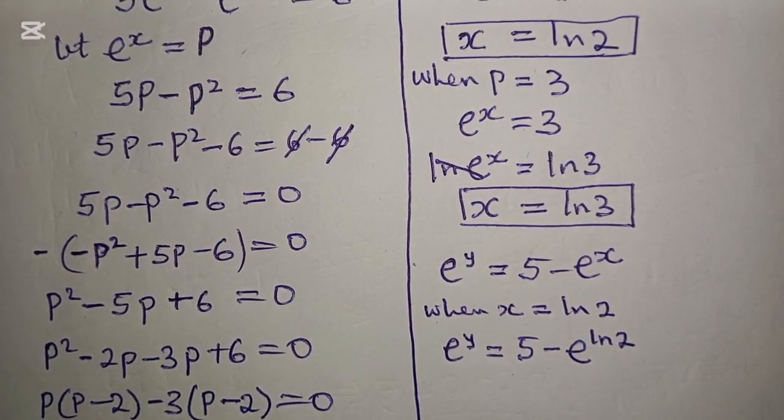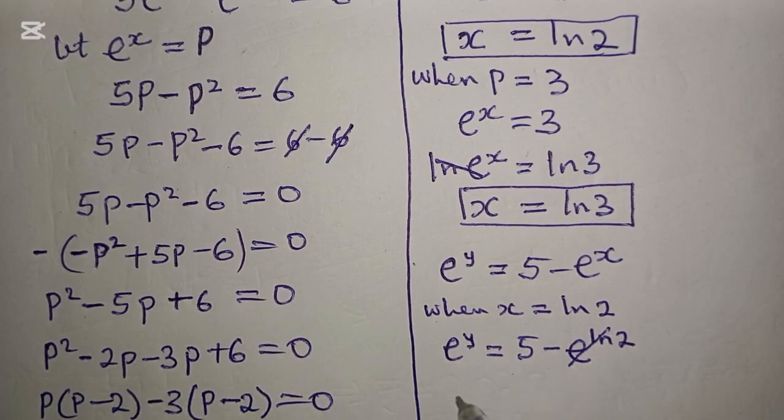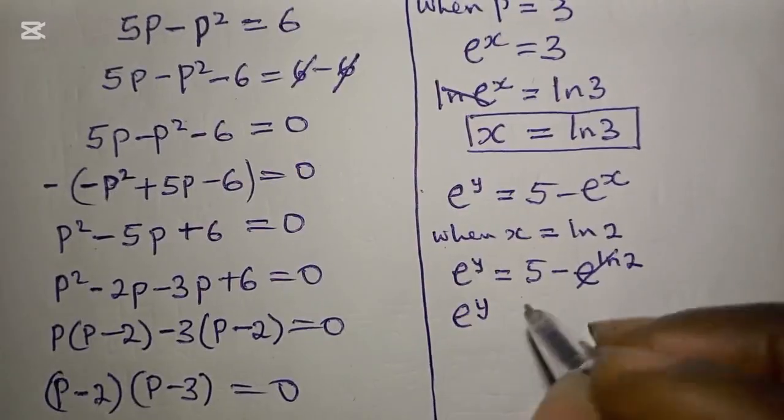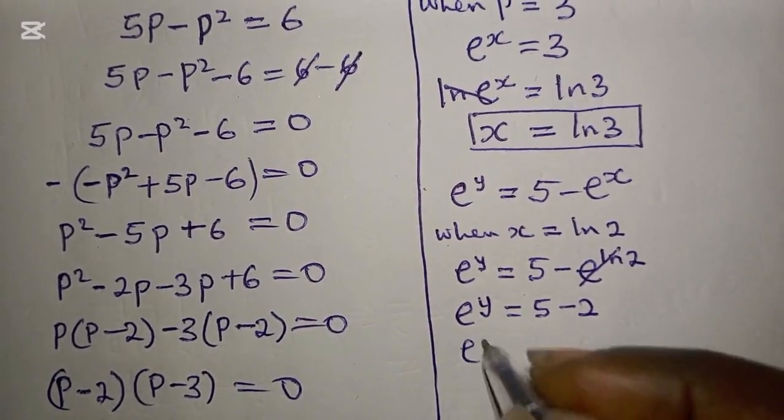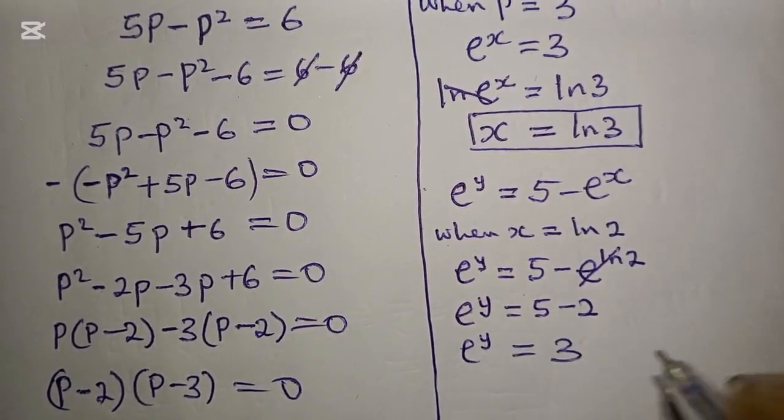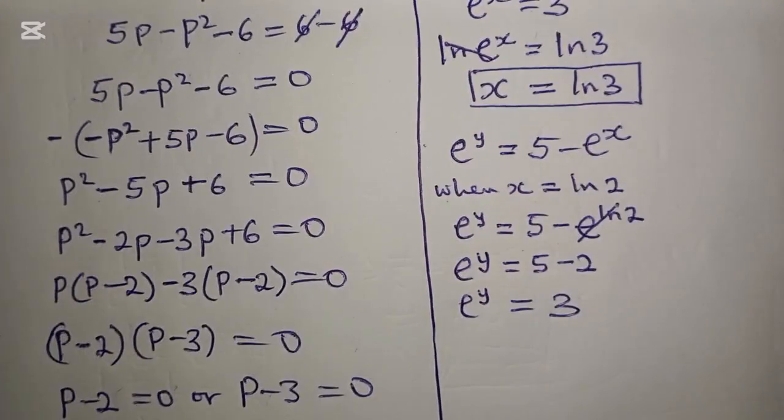So what we do, e and ln cancel, then we have e raised to the power of y equals 5 minus 2, which means e raised to the power of y is equal to 3.